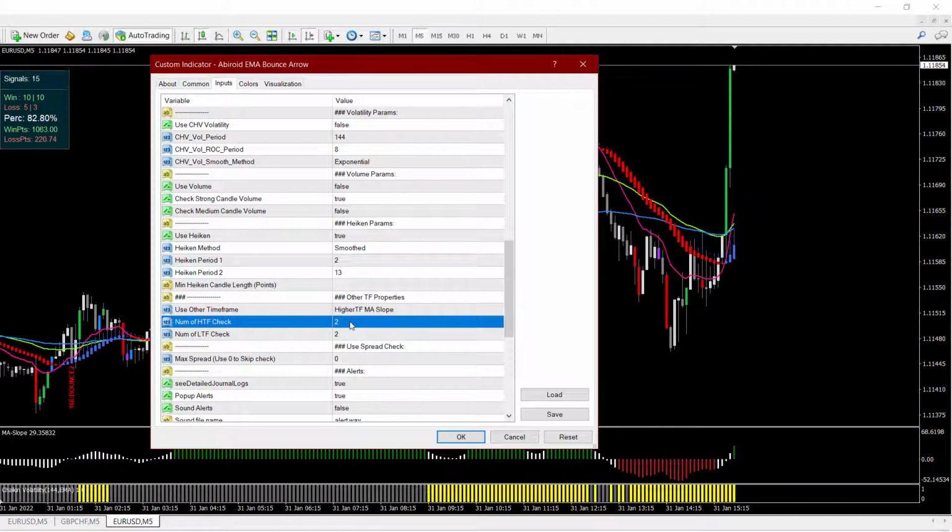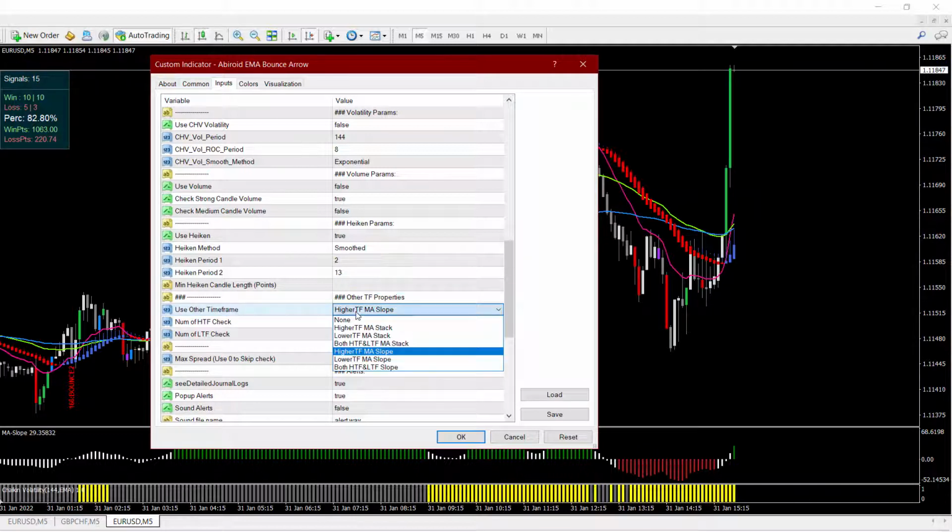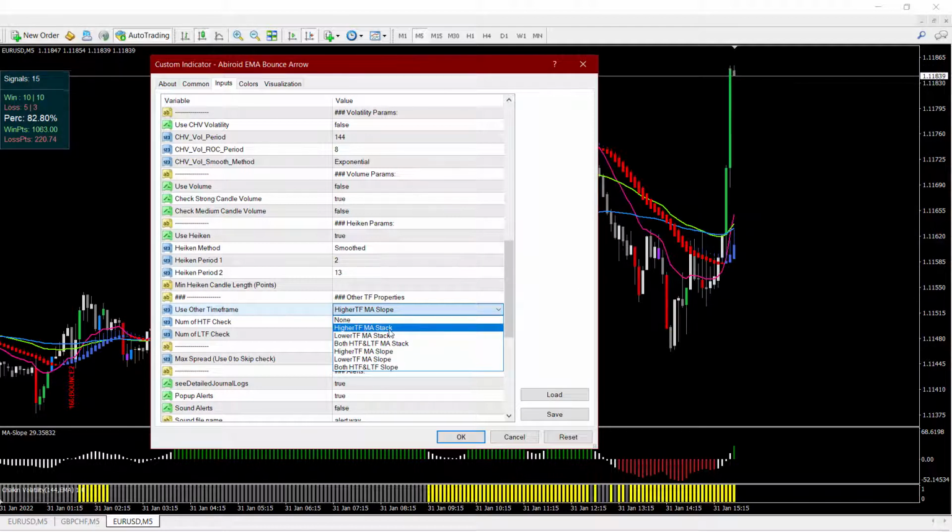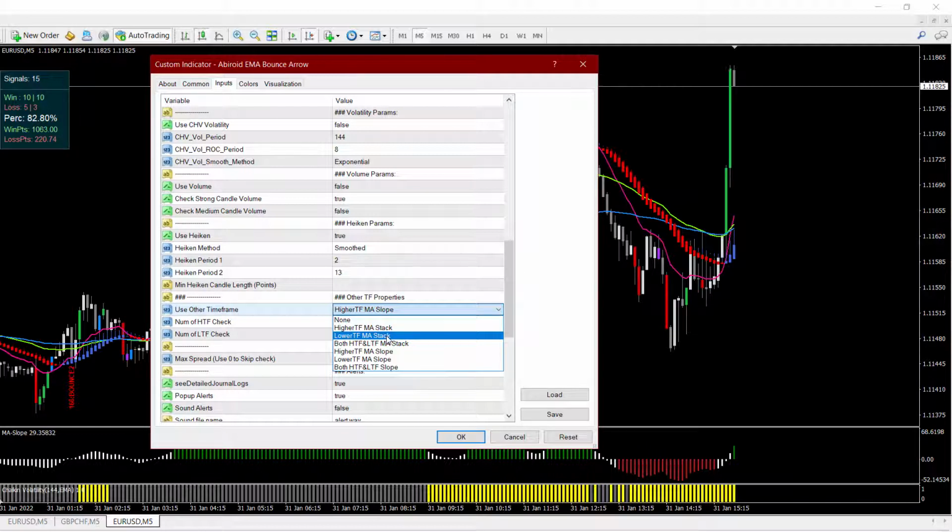So it will check M15 as well as M30, that M15 and M30 have all three moving averages stacked. If I have lower time frame MA stack, then since we are on M5, it will only be able to check M1. But if we were on M15, in that case, if this number is 2, then it will check M5 as well as M1, the next two lower time frames.